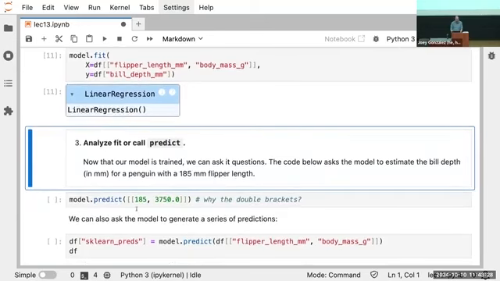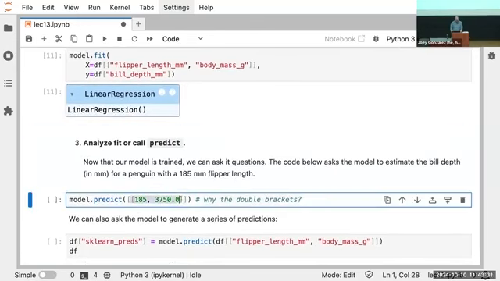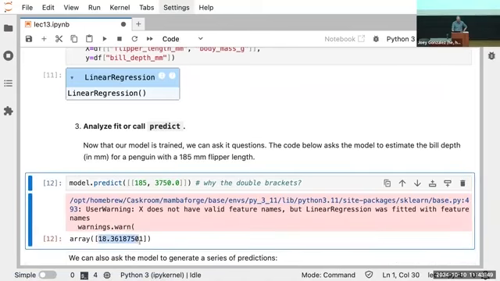Make a prediction. I can plug in a random, this was build depth in millimeters and weight in grams, I think. So I plugged in some numbers I made up, and it's going to predict fin length, I think, and weight. I'm going to predict build depth. Go. Build depth is 18.